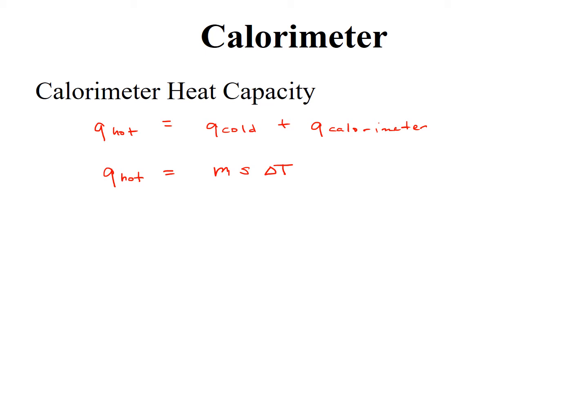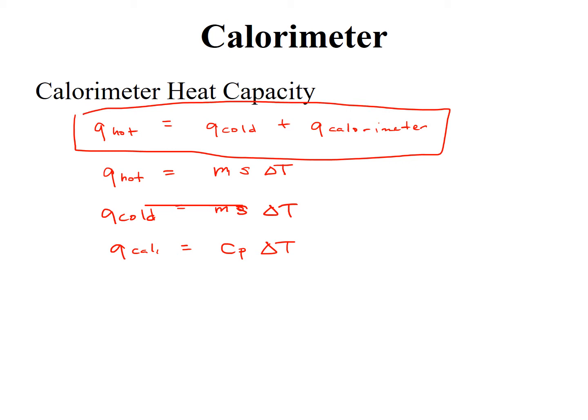Now Q cold, on the other hand, is the heat that was gained by the cold water. It's the mass of the cold water times the specific heat times the change in temperature. Now the Q-cal, the heat gained by the calorimeter, we could say equals Cp, the heat capacity, times delta T. So if you're going to look at this, this is just what we have.